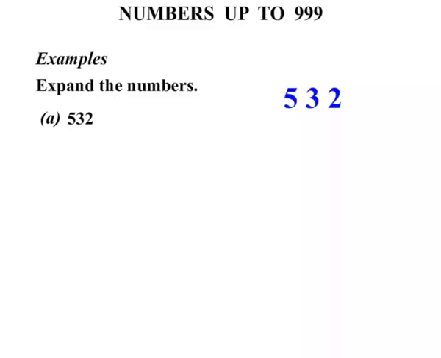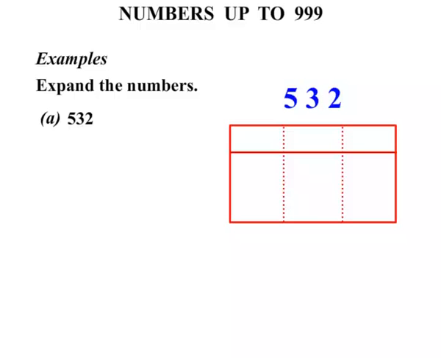Moving on to some further examples, we need to expand the numbers. In part A, 532. Let's just write this over here, a bit of working space, and let's look at the columns again. Ones, tens, hundreds. Now the 2 is in the ones column. The 3 is in the tens column.